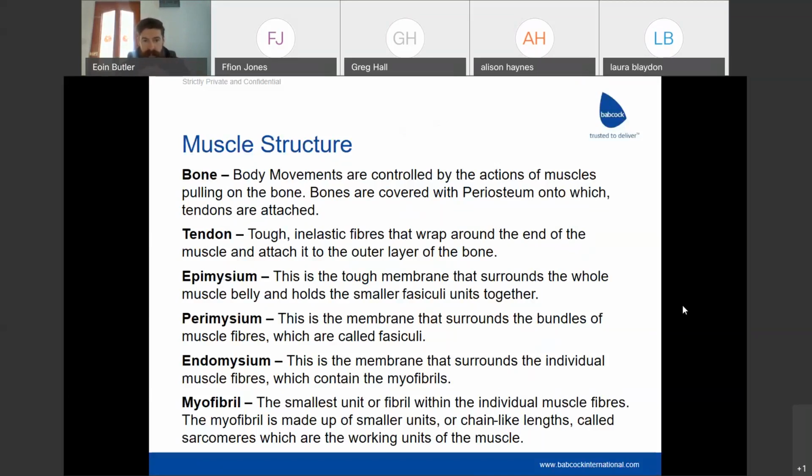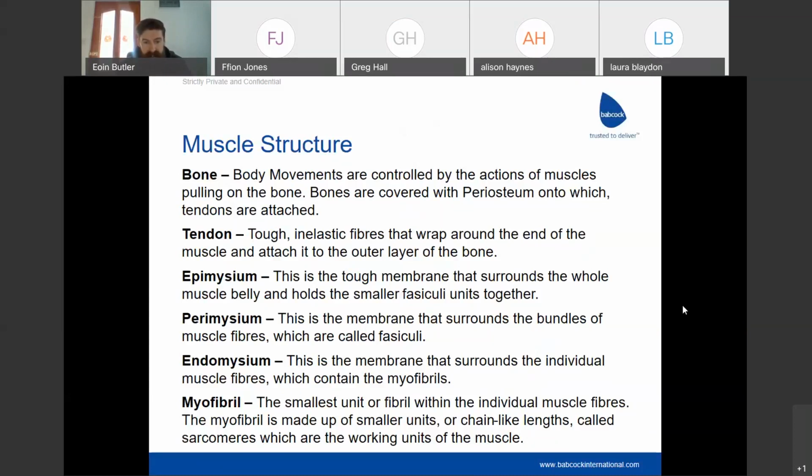The epimysium, this is a tough membrane that surrounds the whole muscle belly and holds the smaller fasciculi units together. So the fasciculi units are the bundles of muscle fibers. The perimysium is the membrane that surrounds the bundles of muscle fibers called fasciculi. The endomysium is the membrane that surrounds the individual muscle fiber, which contains the myofibrils.